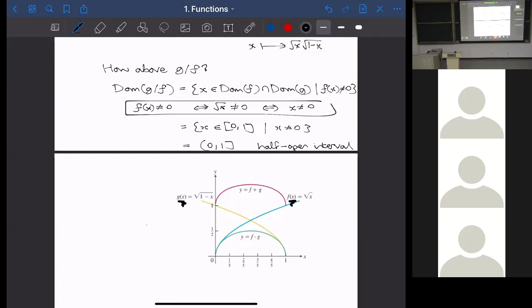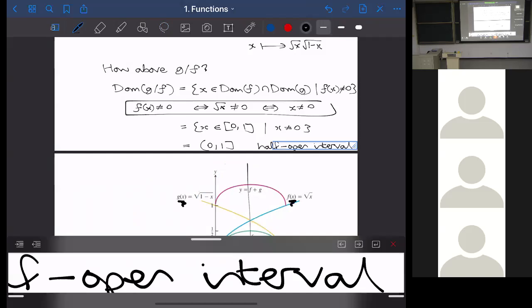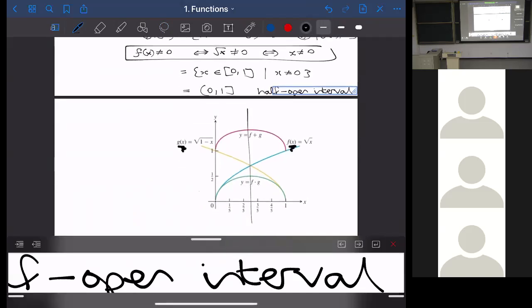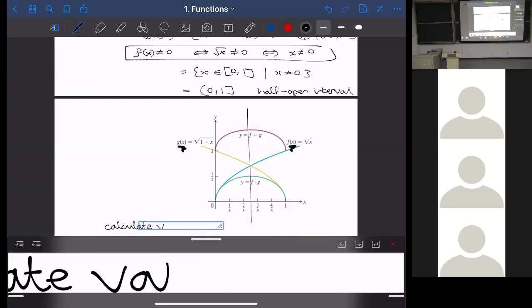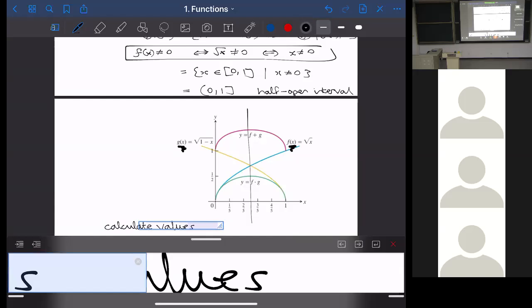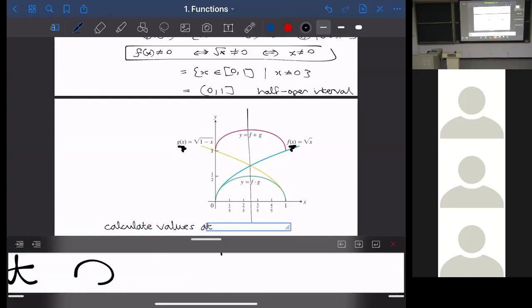And to make this graph, a good way to start is calculate values at 0 and then half and then 1.